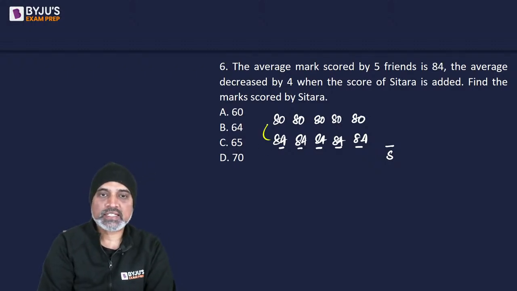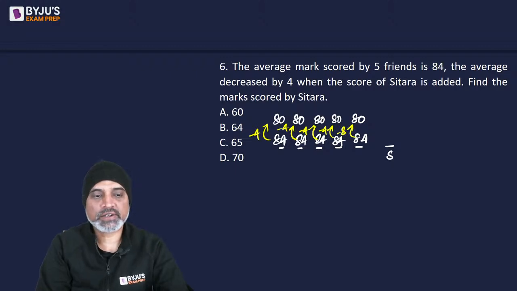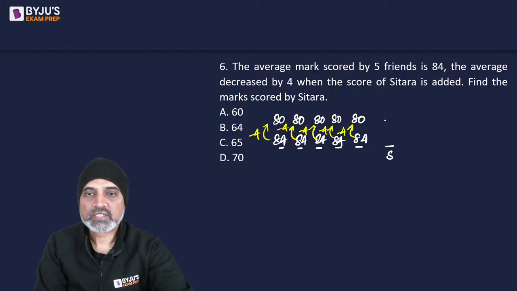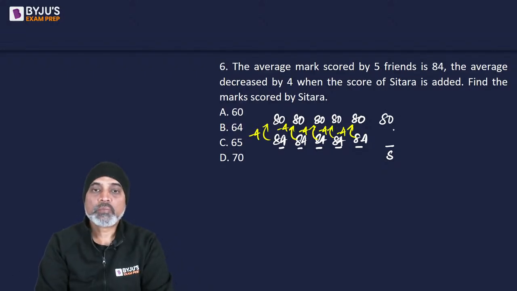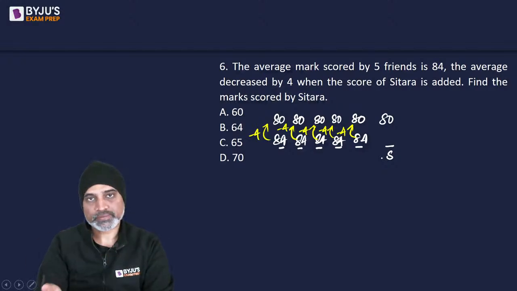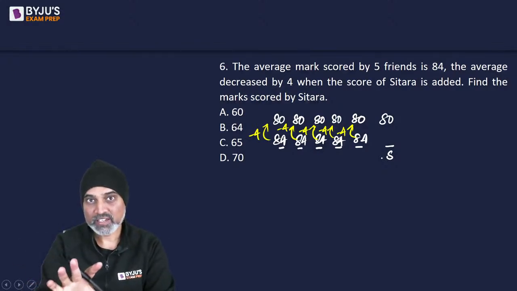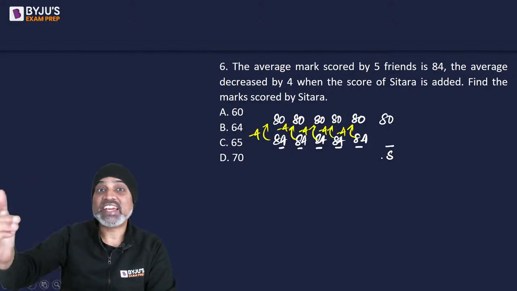So you can see that there is a reduction of 4 from each of these 5 friends. Now, why is there a reduction of 4 from each of these 5 friends? Why did this happen? Sitara's average is also 80. Because Sitara needed those extra. These minus 4, minus 4, minus 4, overall minus 20 was given to Sitara so that she also achieved 80.